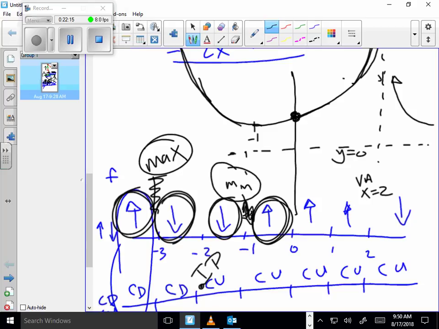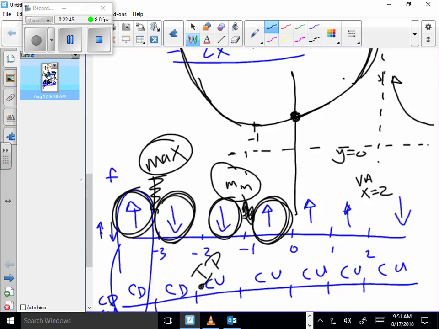So I think of this, and you might have heard the phrase graphic organizer. Let's use a graphic organizer to help us organize our information. I find this to be a useful math graphic organizer, where I'm taking the information about increasing and decreasing and taking the information about concavity and trying to line them up so that they make sense. Because when I read that information over here, this has negative 3 and this doesn't have negative 3, and I'm already more confused.